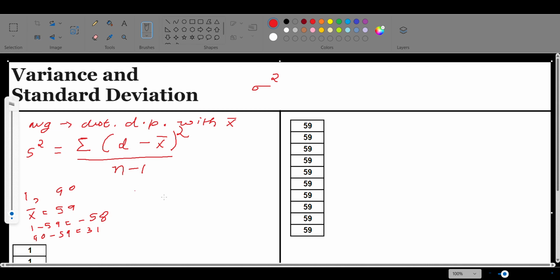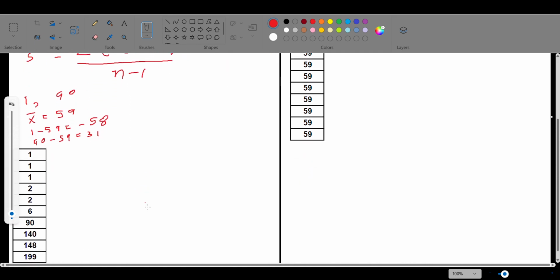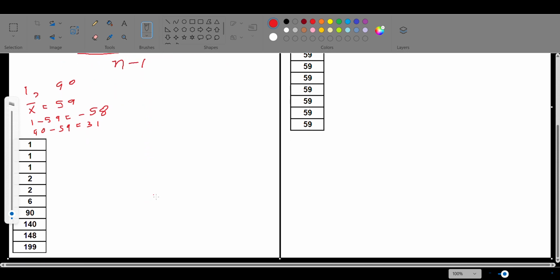Okay. Now let's try and calculate this variance for our Bangalore price data set. I'm going to write it. I'm going to use a different color this time. Let me use green. It's a nice bright color. Okay.